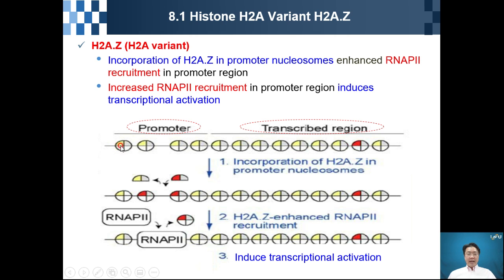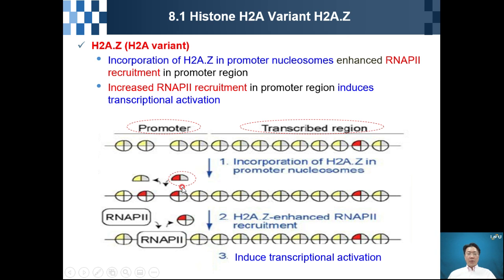Usually H2A binds to here, here, and here, but sometimes H2AZ binds here. Sometimes H2AZ is incorporated into the nucleosome located in the promoter region.